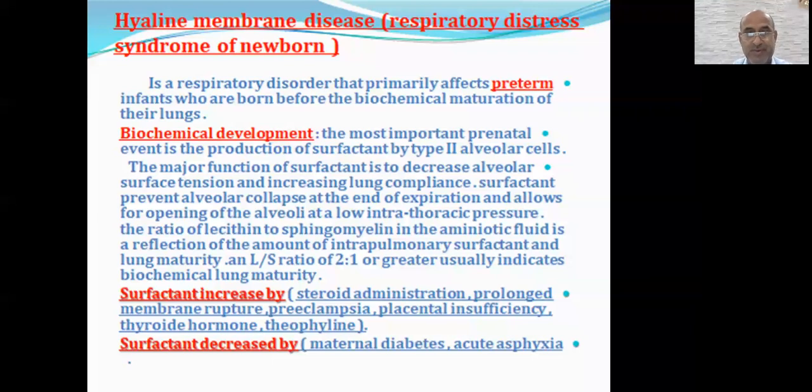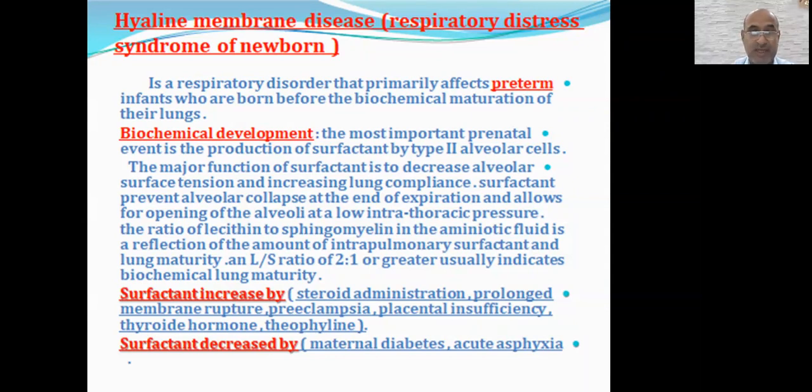A lecithin to sphingomyelin ratio of 2 to 1 or greater usually indicates biochemical lung maturity. Of course, the release of surfactant occurs in the third trimester, and matures after 37 weeks gestation, when the neonate starts to be term. So surfactant is so important.